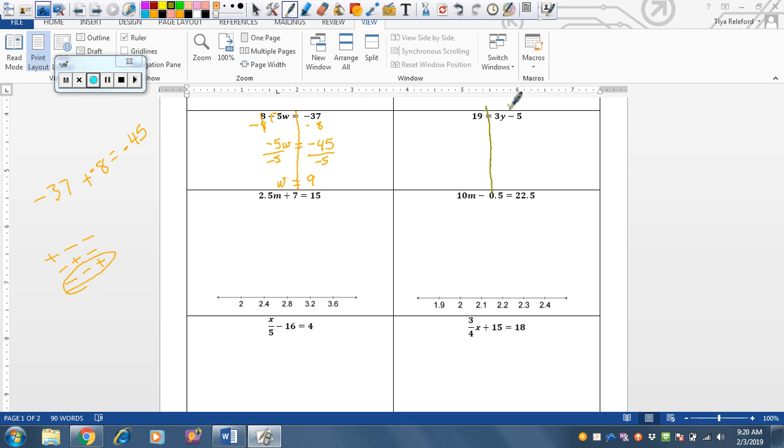All right, draw your line. I have a minus sign, so I'm going to go ahead and go boom, boom. Add or subtract first. Well, it looks to me like 3 is being multiplied, so it's -5 that I have to get rid of. What's the opposite of -5? +5.